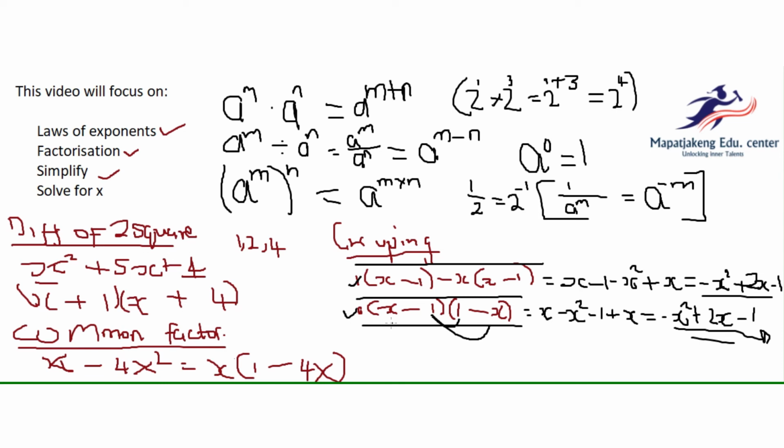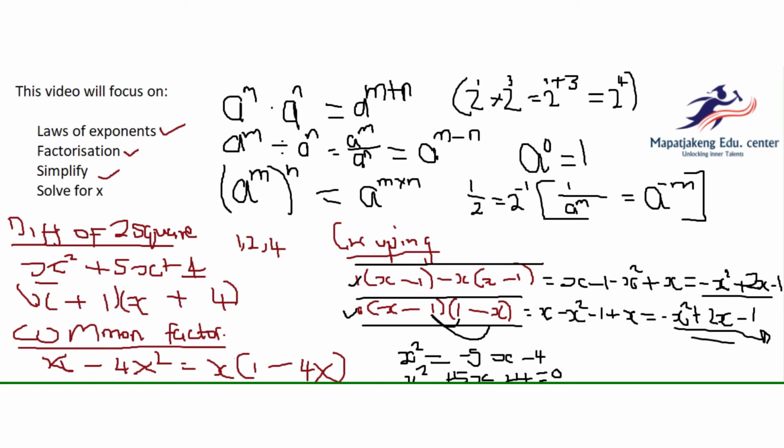So solving for x is just finding the unknown. We're going to use all these three techniques to solve for x. For instance, let's say you have x squared equals negative 5x minus 4. Before you factorize, you must make sure the other side equals 0, so you take everything to the left. Now we are simplifying: x squared plus 5x plus 4 equals 0.